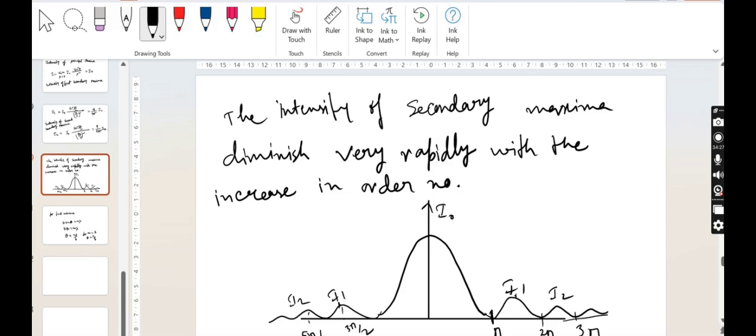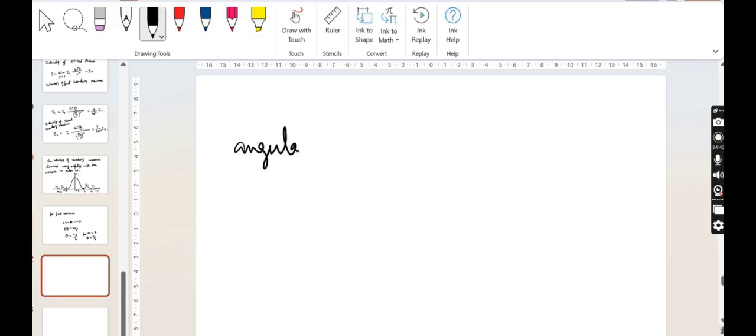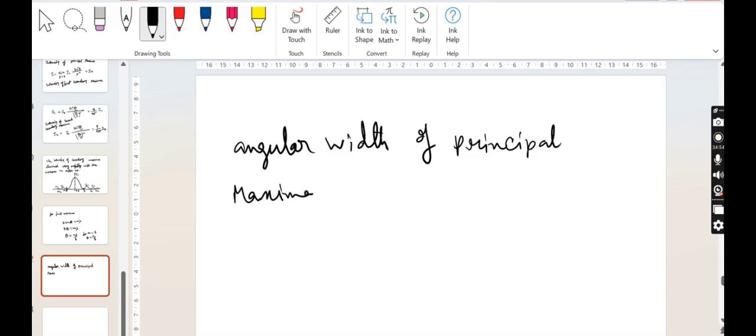So this is basically the first theta position on either side. So the angular width of the principal maxima would be 2 theta, so 2 theta is 2 lambda by b.